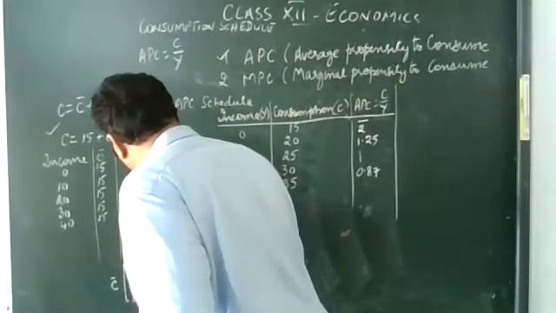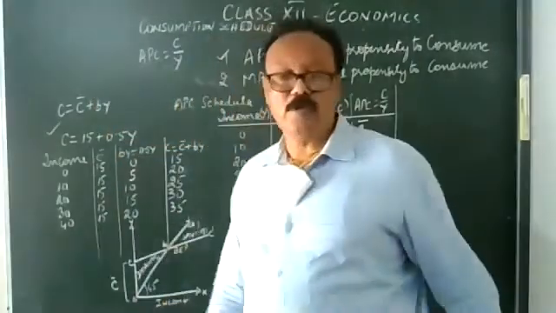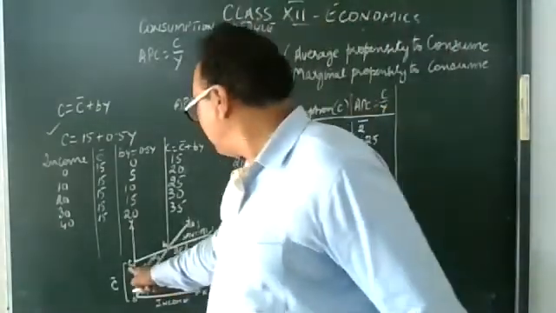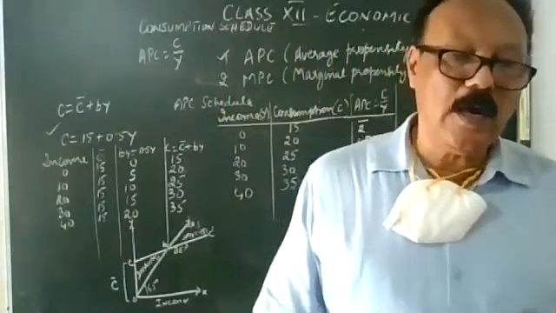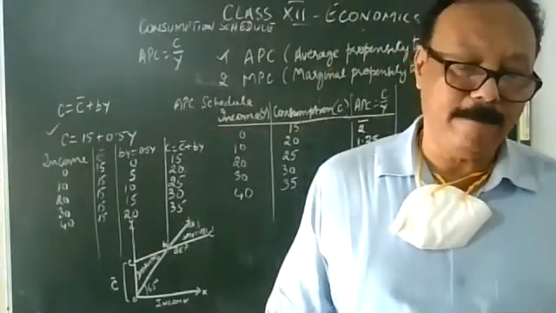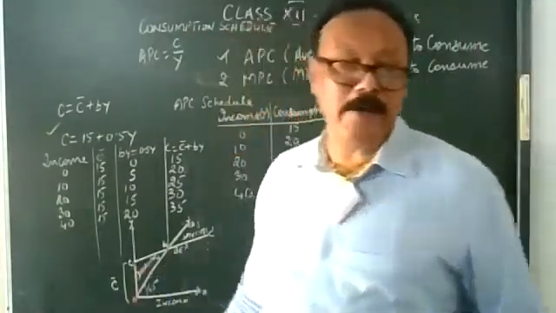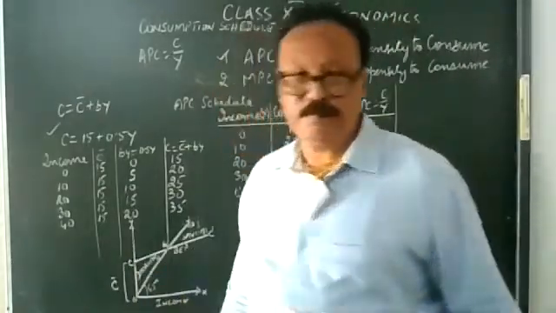My income line, Y, is also called AS. This C and C dash is called the consumption curve, which starts from point C on the y-axis.